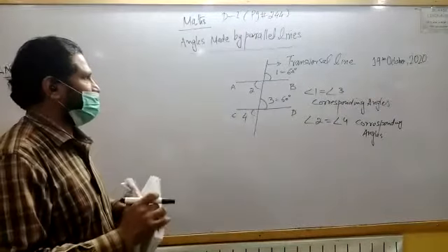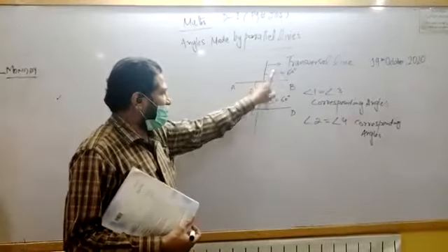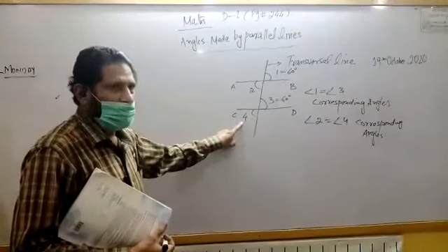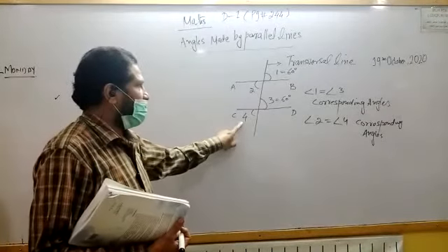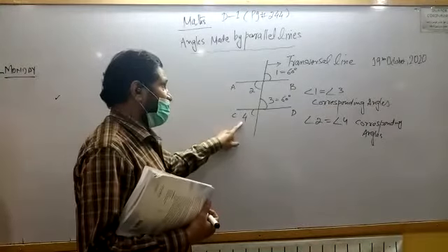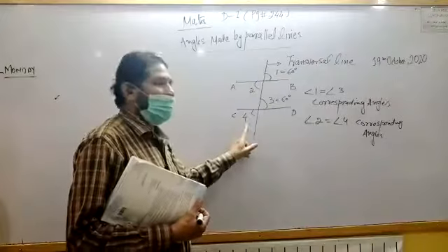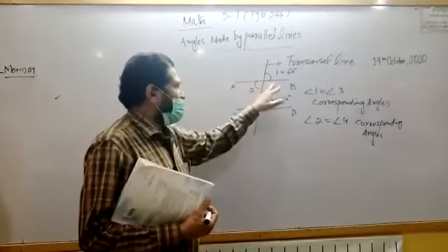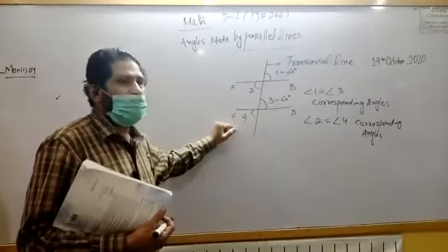Now the different type of angles, different position angles. If you see angle 1 and angle 4, both are on different positions. When I say the word different, I mean angle 1 is on the right hand side, angle 4 is on the left hand side of the transversal. 1 is above the parallel line, 4 is below the parallel line.